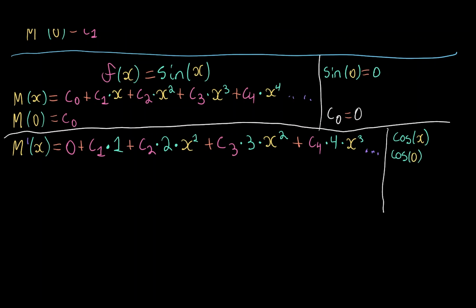Cosine of 0 is equal to 1. All right. Well, now let's do the same here. m prime of 0, where x is equal to 0.